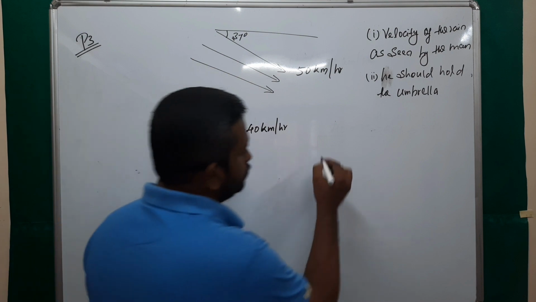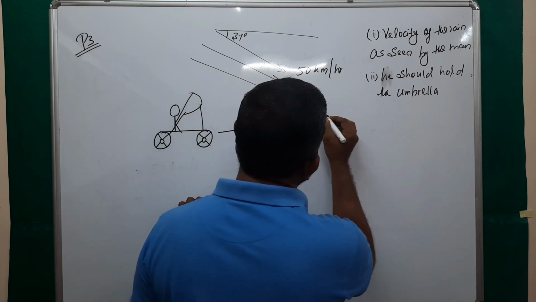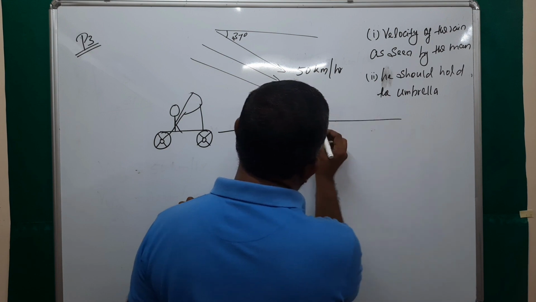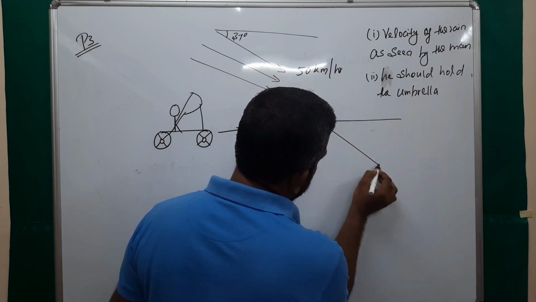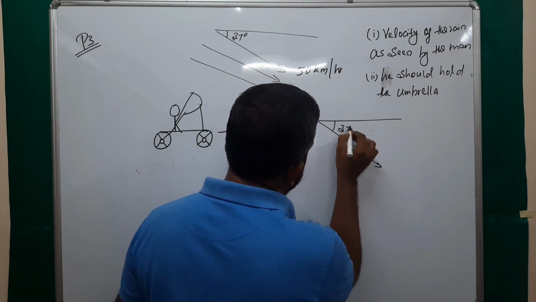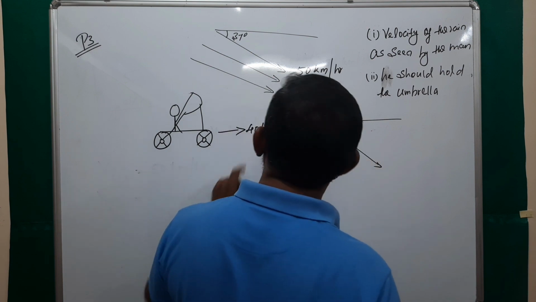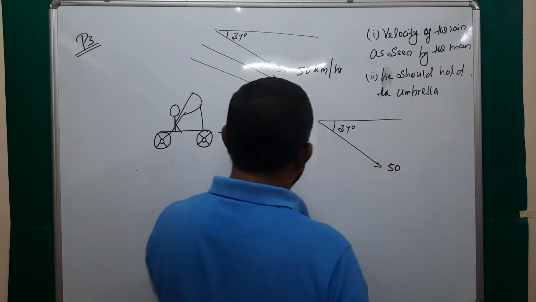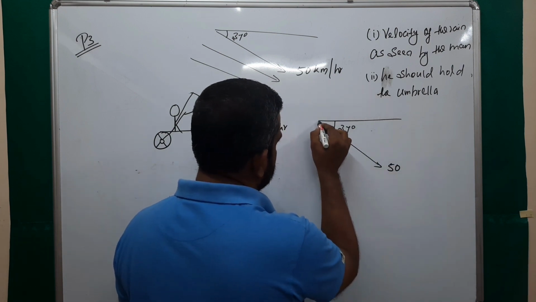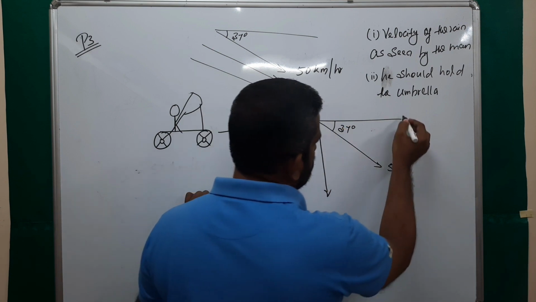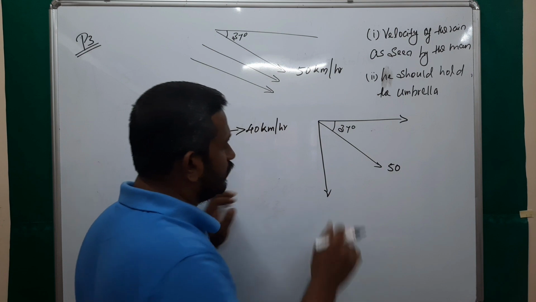So here rain is falling in this direction, making an angle 37 degree with a speed of 50 km per hour. This vector can be resolved into two components, horizontal component and vertical component.